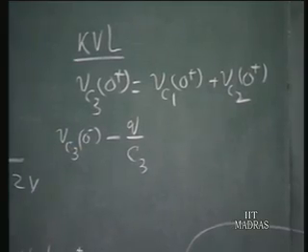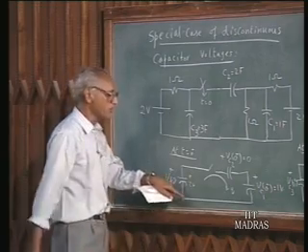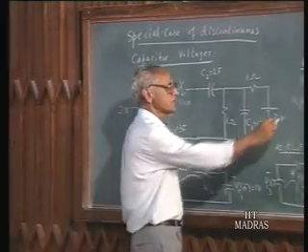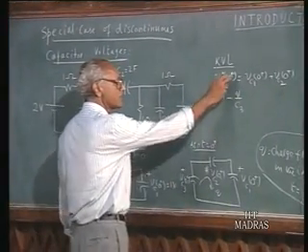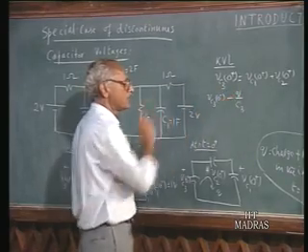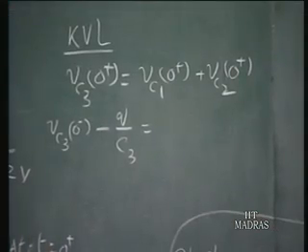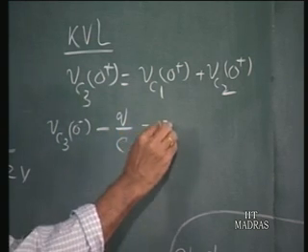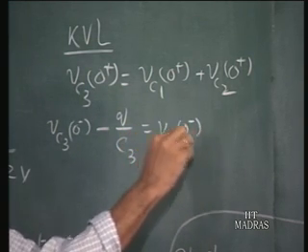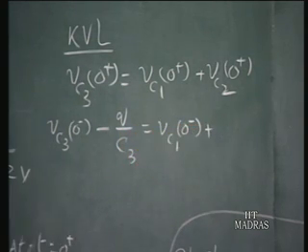When q comes out, it is getting discharged, and the amount of discharge represents a voltage drop of q by C3. So Vc3 0 plus is Vc3 0 minus minus q by C3, and Vc1 0 plus is equal to Vc1 0 minus plus q divided by C1.